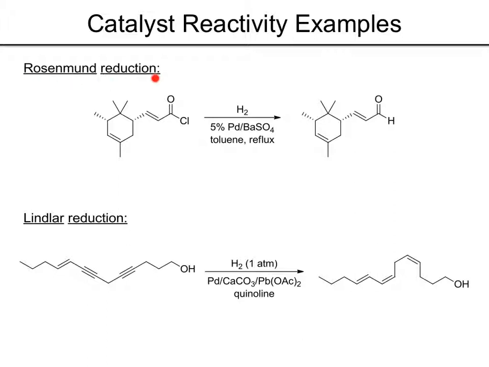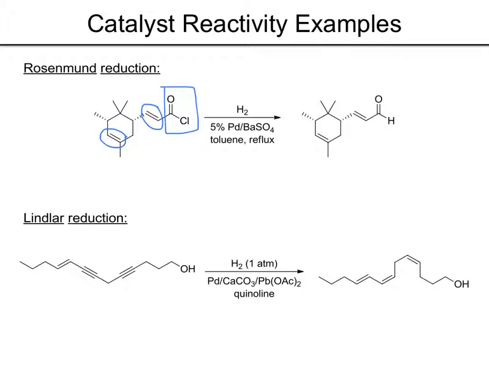The Rosenmund reduction and the Lindlar reduction are examples of weakened catalysts. So for instance, palladium is poisoned in these cases and has lower activity than palladium on carbon. If we look at the Rosenmund reduction, in this example we have a compound that has several functional groups that can be reduced. We've got 2 alkenes and we've got an acid chloride.